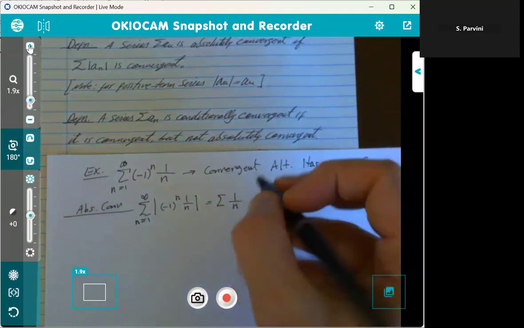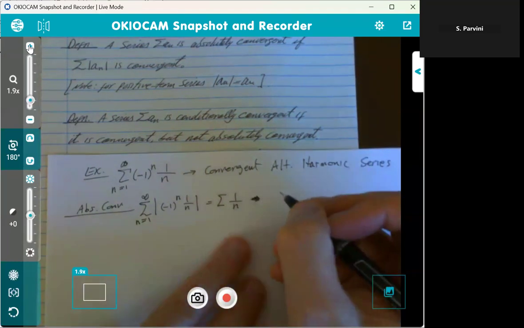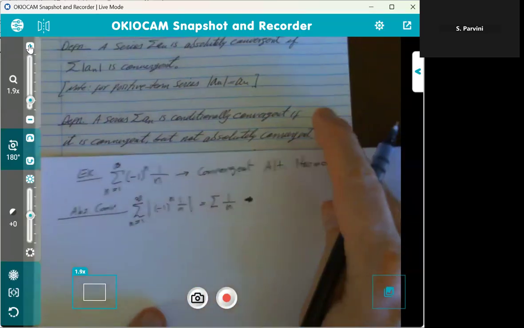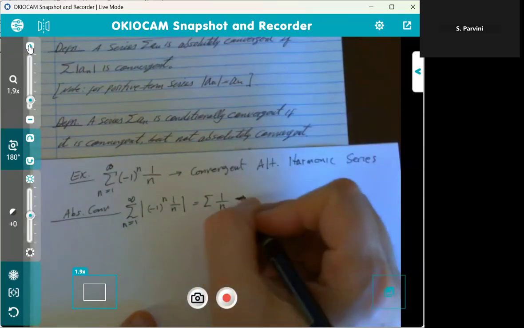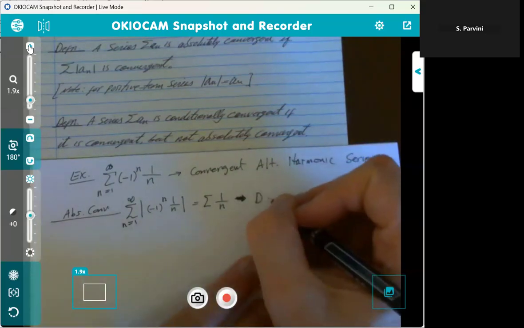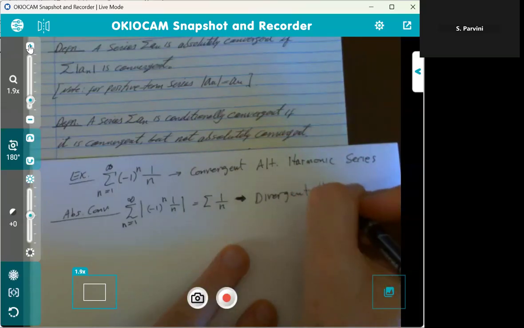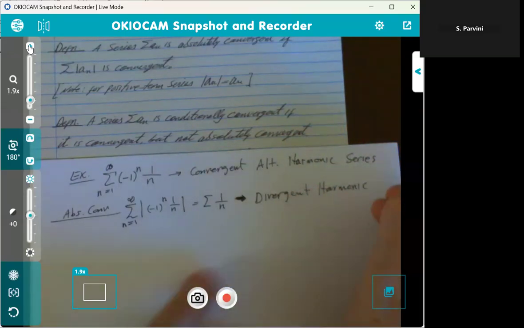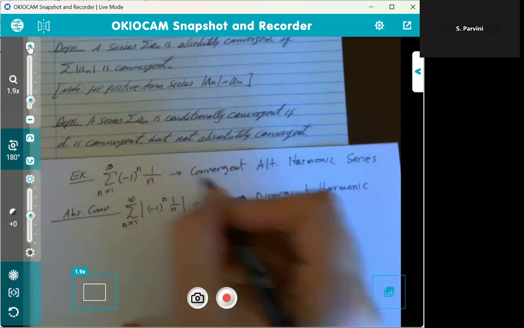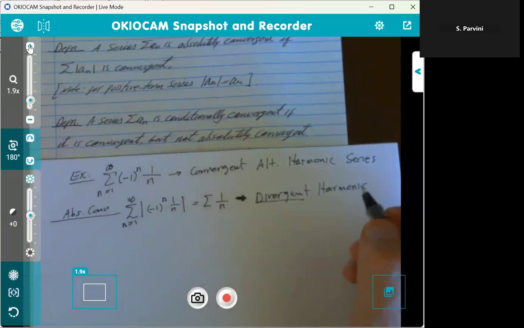And this one, much earlier, we established its divergence. This is the divergent harmonic series. Therefore, the series on its own converges, but its absolute value diverges.